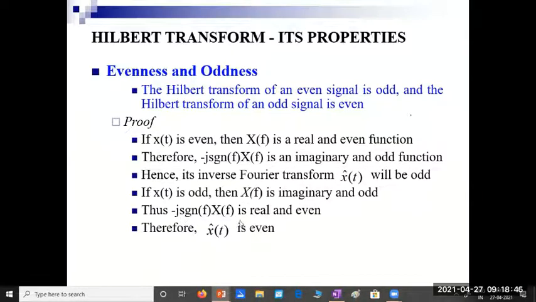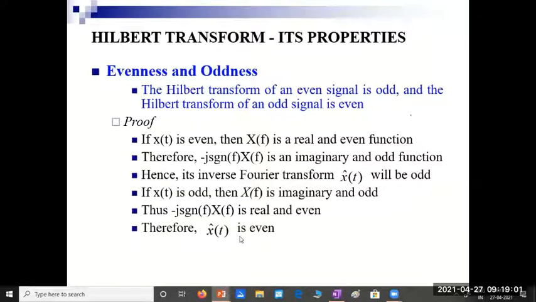So x cap of f becomes real and even. Therefore, the inverse Fourier transform of x cap of f, which is x cap of t, will also become even.